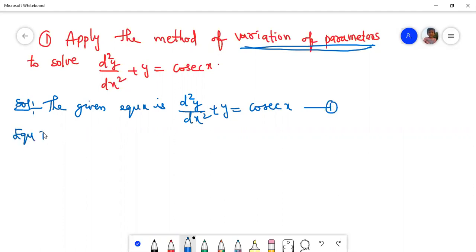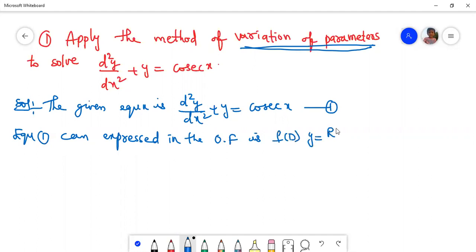Equation 1 can be expressed in the operator form. Operator form is f of D into y is equal to r of x. The formula is expressed in r of x only. If you take q of x, then in the place of r of x, you write q of x.